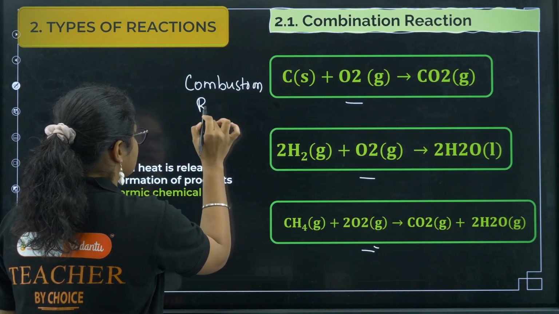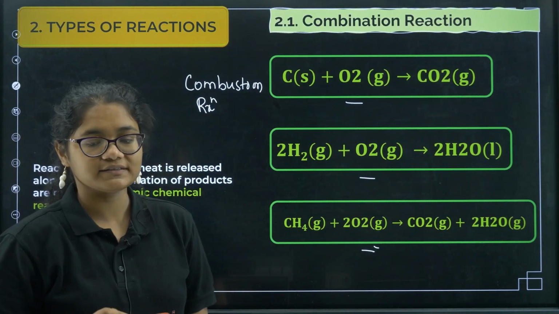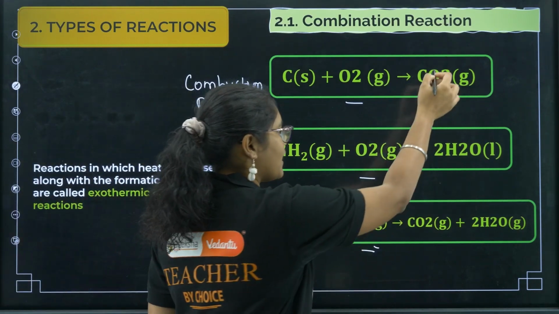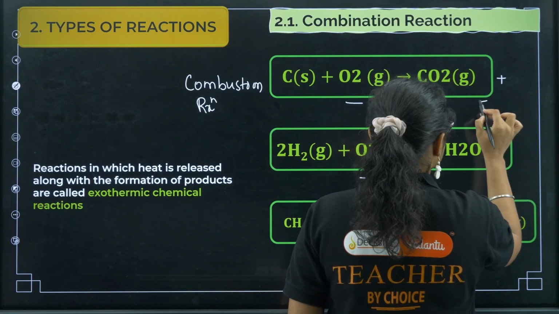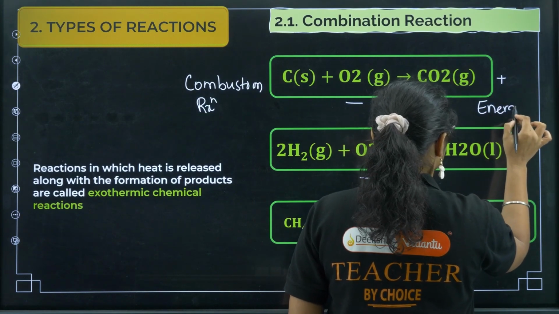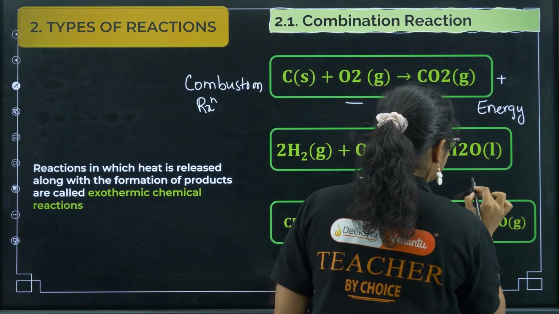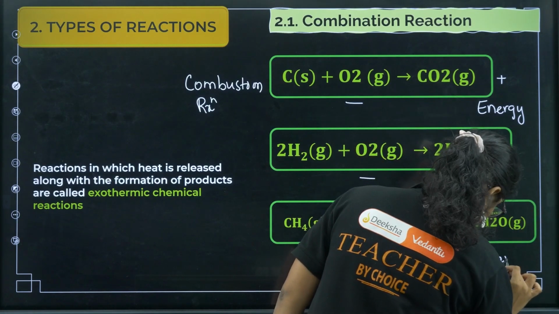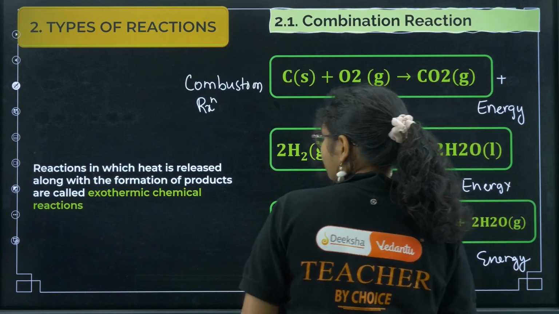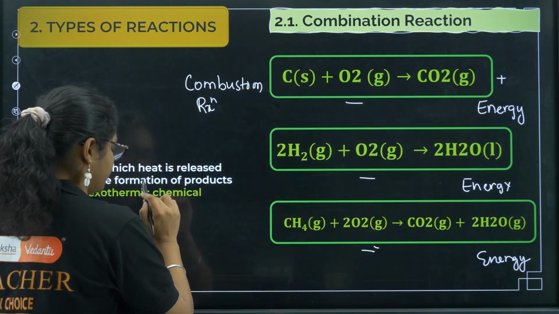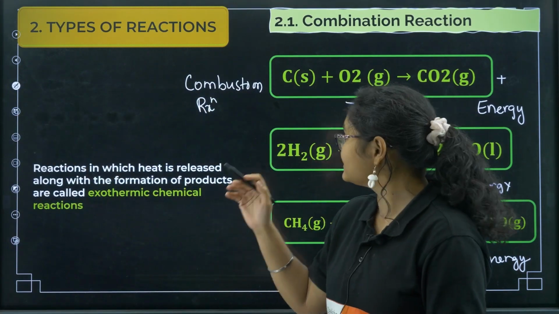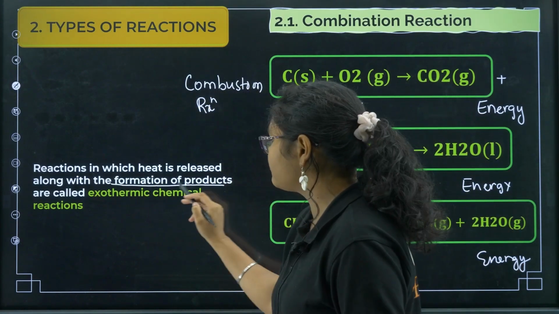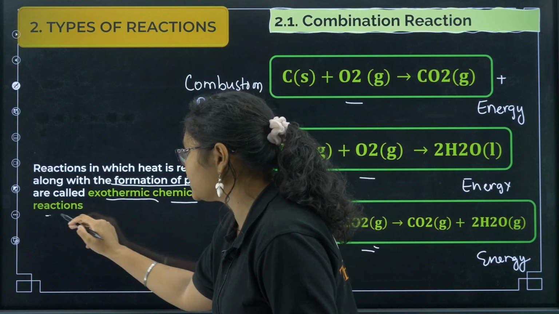And in case of a combustion reaction, apart from the product, something else is also produced, and that is energy, energy in the form of heat. Here also we will get energy. These types of reactions in which heat is released, heat is produced as a byproduct, along with the formation of products, are called exothermic chemical reactions.